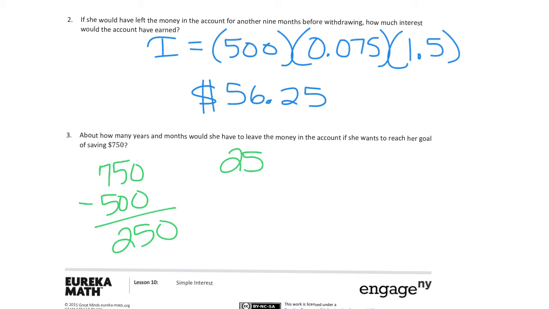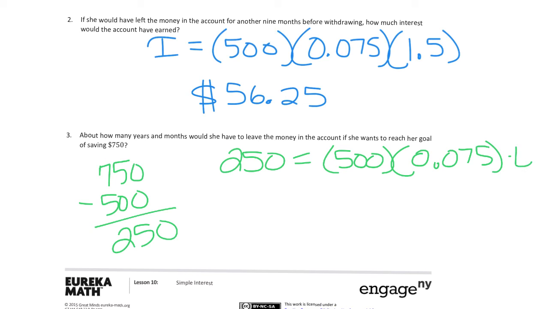So I plug that in for the interest. The principal is $500. The rate is still the same. And we are solving for the time. We need to know how much time it would take to get $250 in interest. So 250 equals 37 5/10 times t.